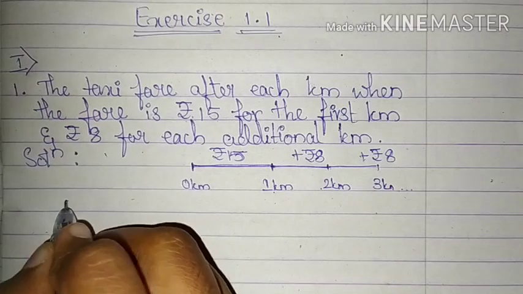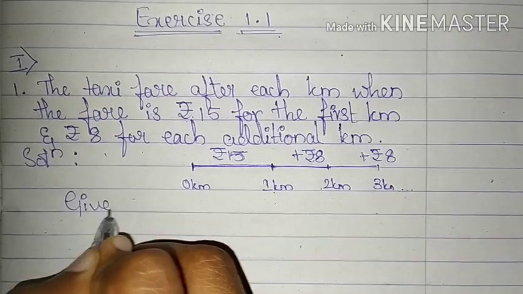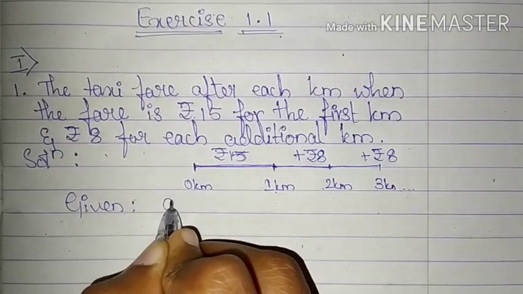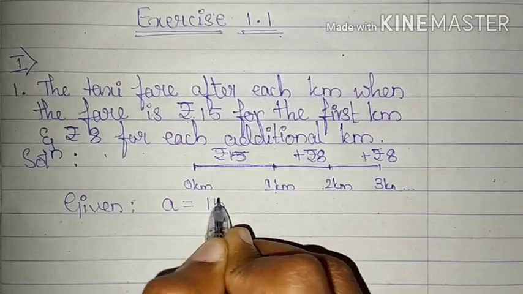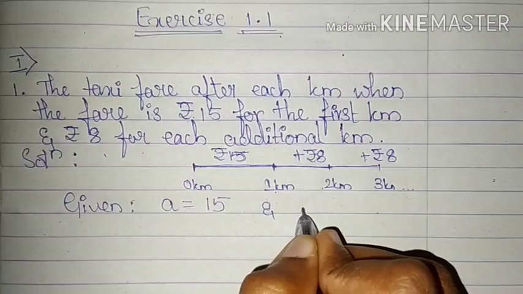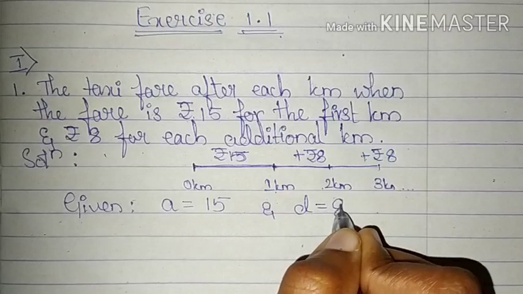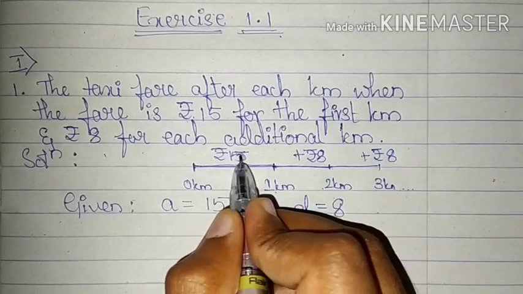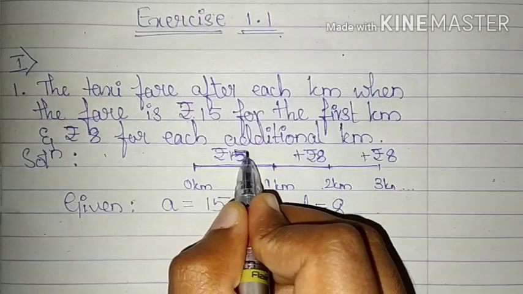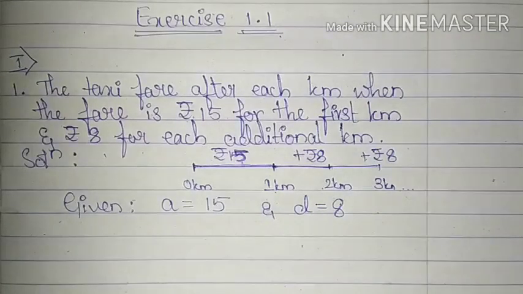So from this we can gather that A is equal to 15 and D is equal to 8. Agree? Because in the beginning the fare was 15 rupees, and for each extra kilometer, the fare increases by 8 rupees.